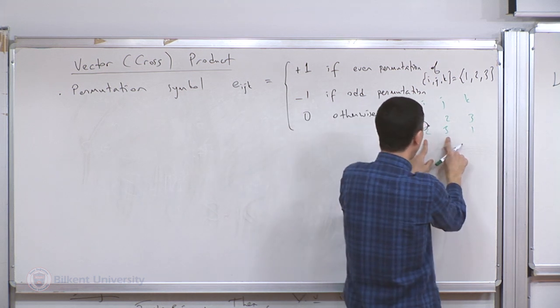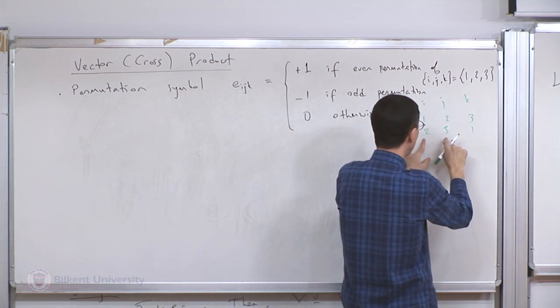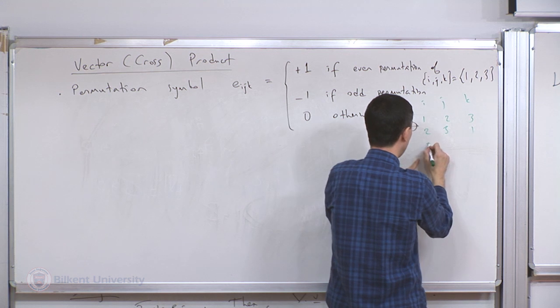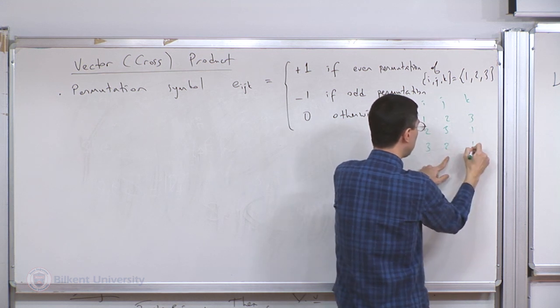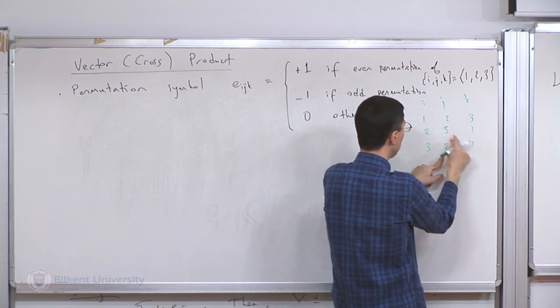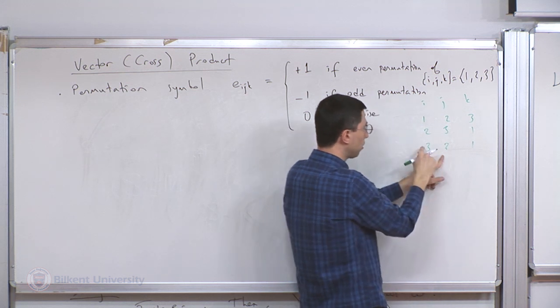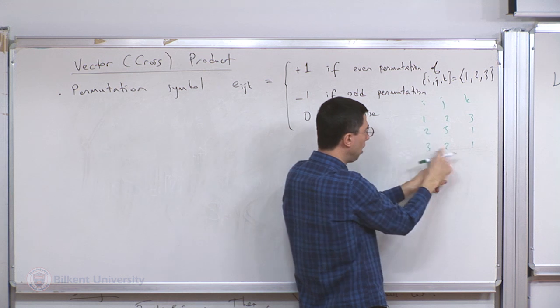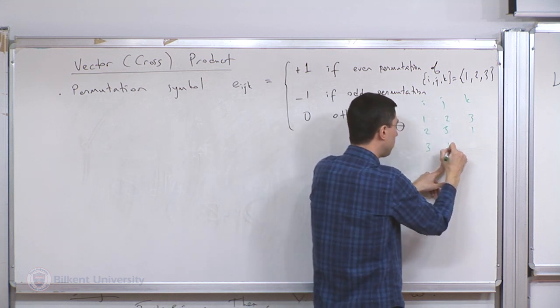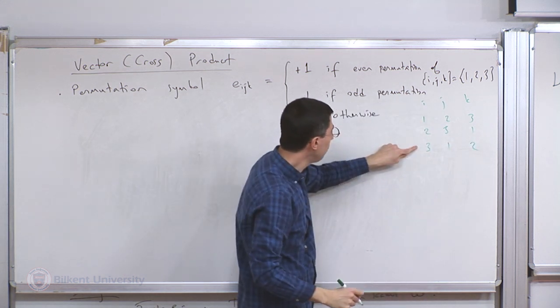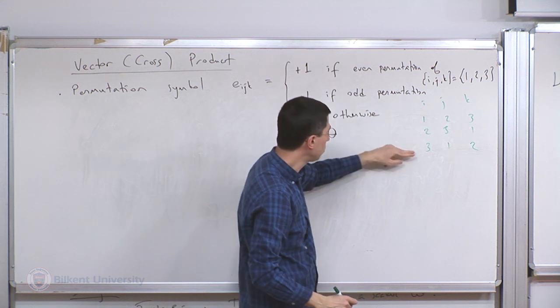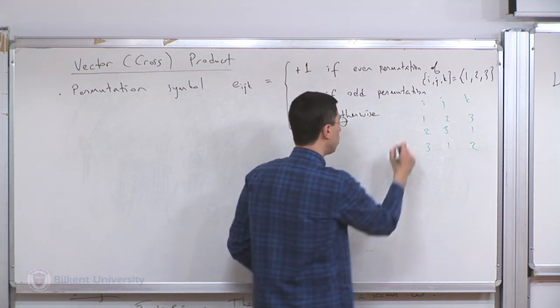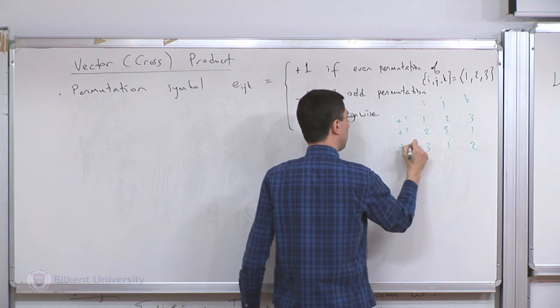What else is? I can switch twice again. So I can switch these two, 3, 2, but then 3, 2, 1 would be an even permutation, since it's changing the order 3 times with respect to that one. I need to change once again: 3, 1, 2. This is an even permutation. I switch orders 4 times with respect to that. So this is +1, +1, +1.